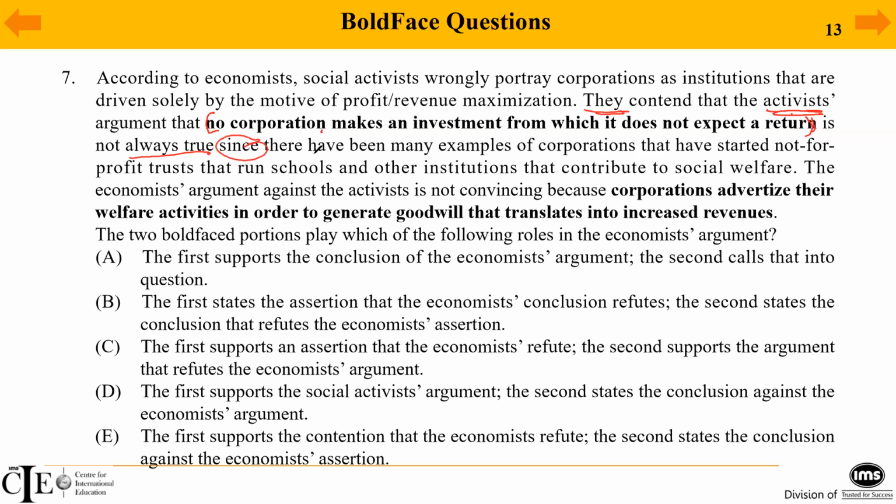Since he's giving a reason, there have been many examples of corporations that have started not-for-profit trusts that run schools and other institutions that contribute to social welfare. So economists are saying that corporations are not bad, they are good, because they do many social welfare activities. They are not driven by profits only, they do some social service also. That is what the economists are saying, right?